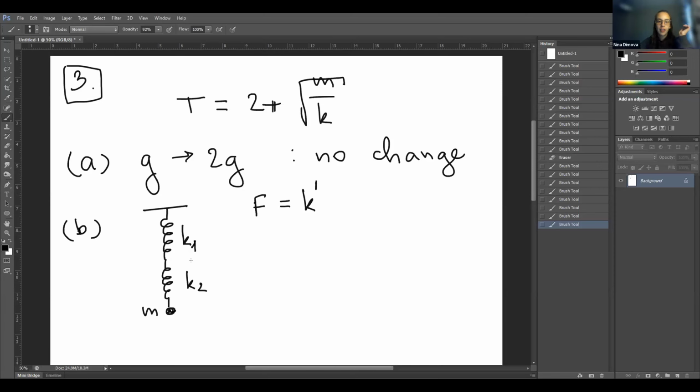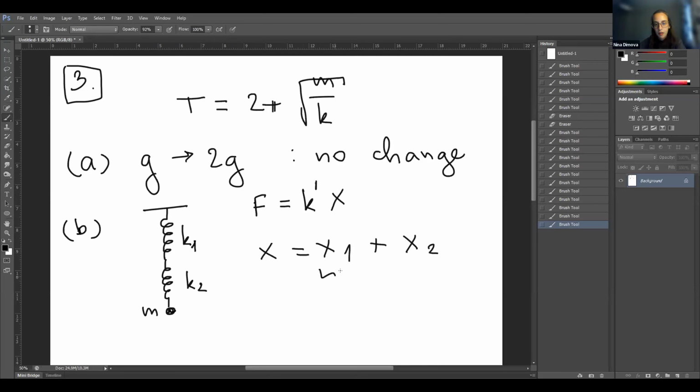In the same way, you can think of an equivalent spring with this coefficient K prime times the extension. But also, on the other hand, we know that this extension is equal to x1 plus x2.